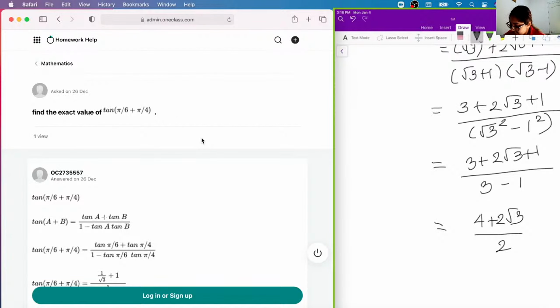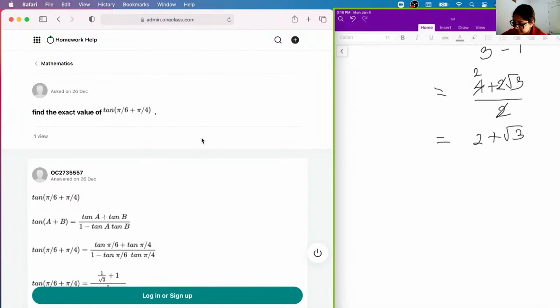Okay, and so we can further simplify this by canceling out the 2 here, or you can divide the numerator and denominator by 2. So you have 2 plus root 3.